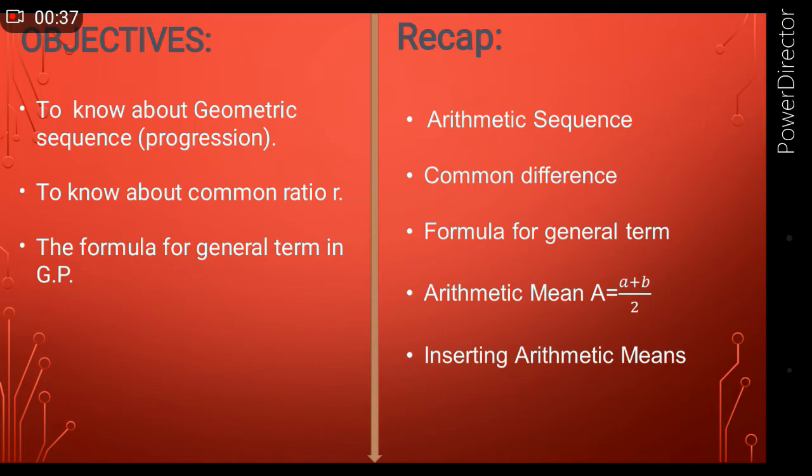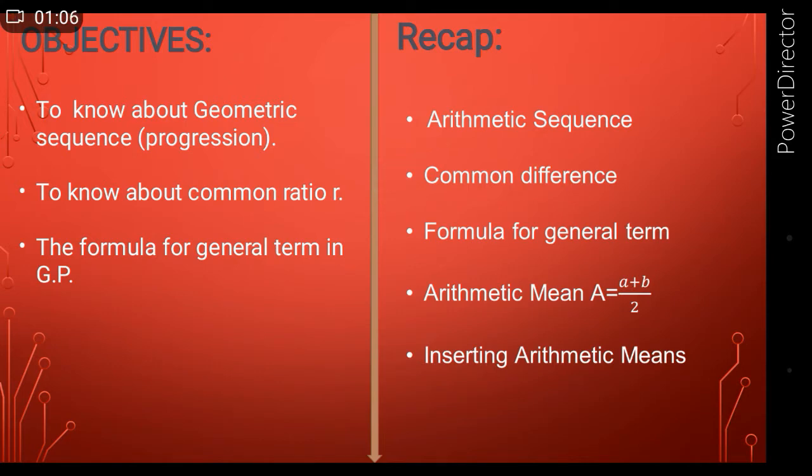But first of all, a little recap of previous topic. Our previous topic was arithmetic sequence. What is arithmetic sequence? A sequence in which the difference between two terms remains constant. Then what is common difference? Common difference is d, and d is equal to a2 minus a1, a3 minus a2, a4 minus a3, and so on.